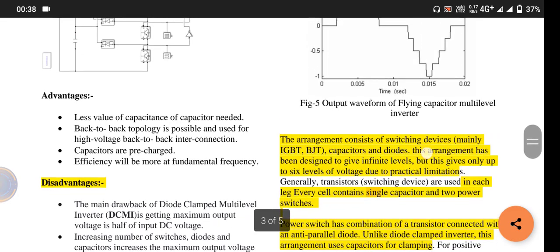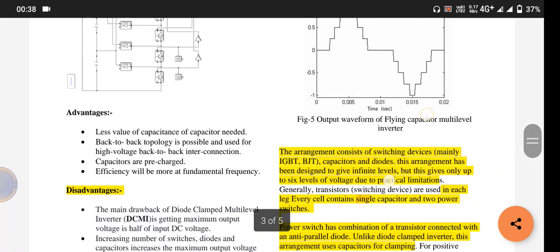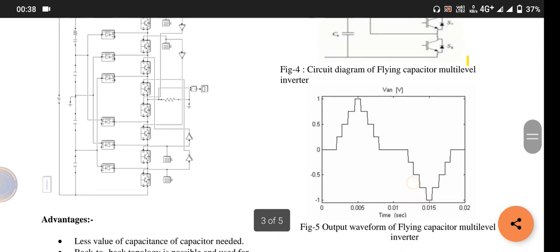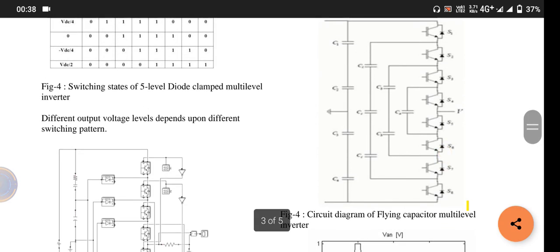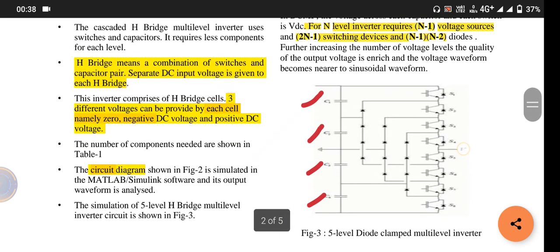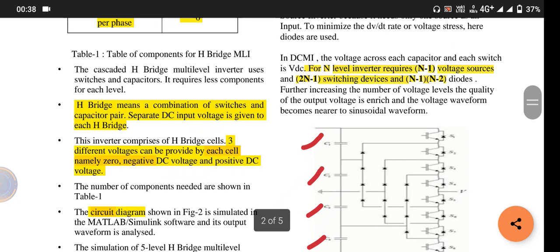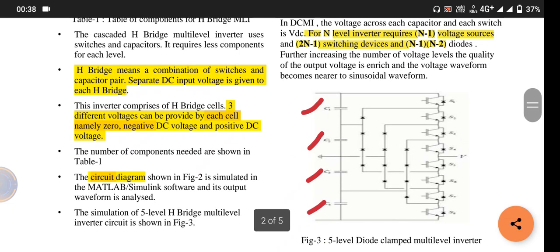By using the diode clamped multi-level inverter, the voltage stress across every switch is reduced. This is the main advantage of this inverter. In the case of the H-bridge multi-level inverter, the voltage stress across the switch is there, but it is at a very low value.